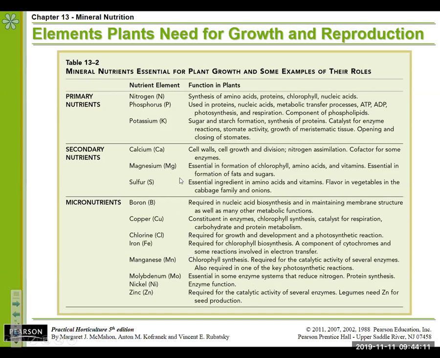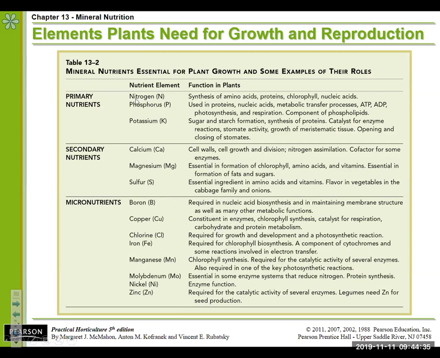And really, we're thinking mostly of the primary and secondary macronutrients as what their uses are in the plant. The rest of them, although they're still very important, I don't think you necessarily need to memorize what they're used for.